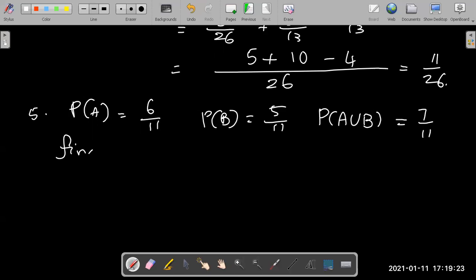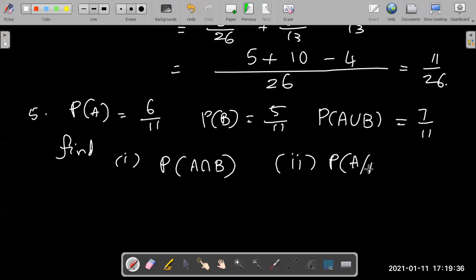Find first, P of A intersection B. The second one, probability of A given B. Third one, probability of B given A. Try and you can send me on WhatsApp.